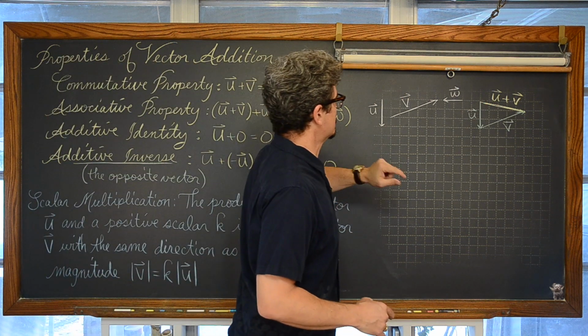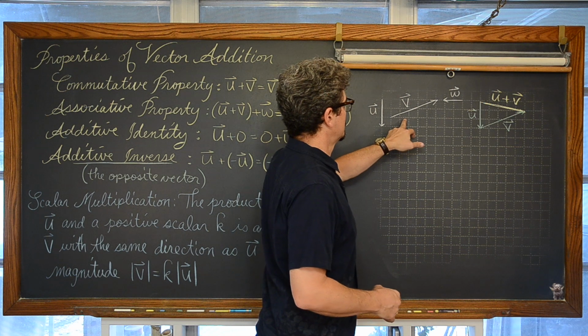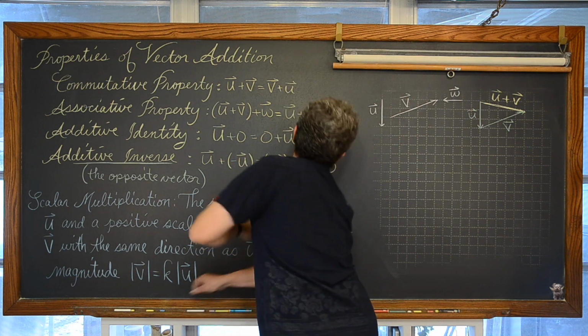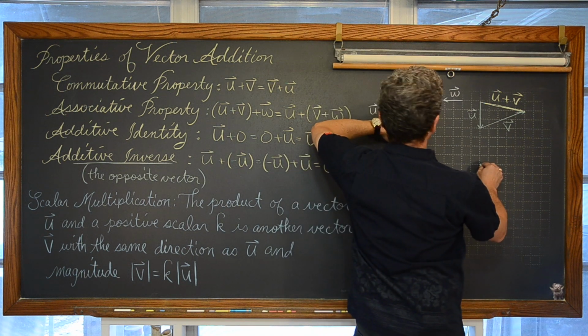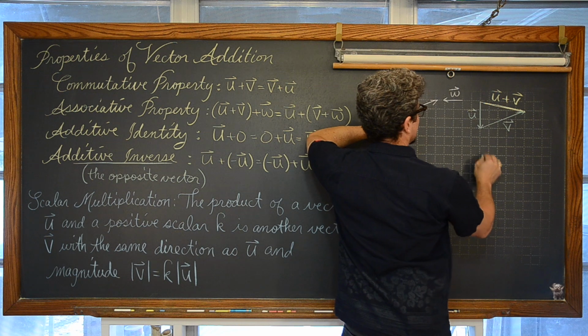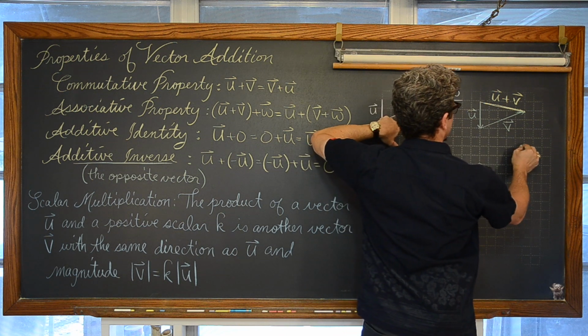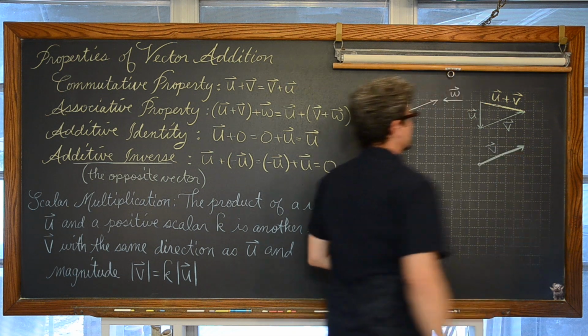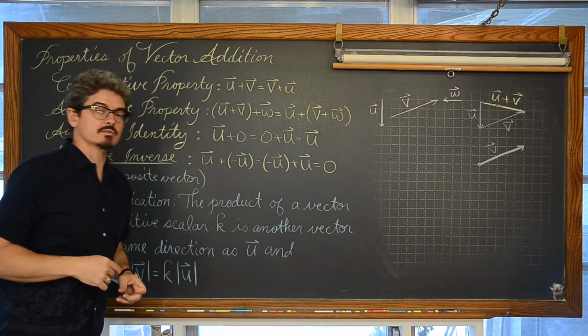So it doesn't matter. Okay, so if I do vector v first, from this initial point up to 1, 2, 3, 4, 5. Next section we're going to be talking about representing vectors analytically with their horizontal and vertical components.